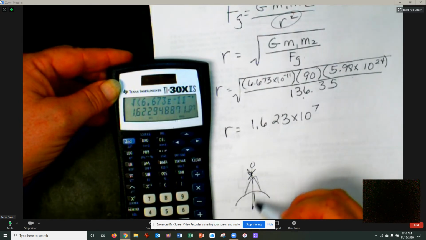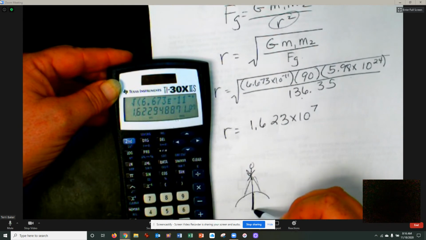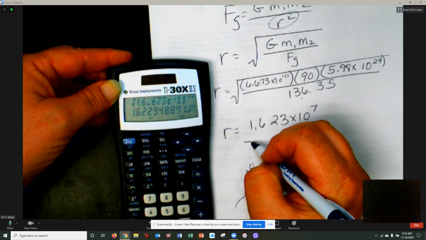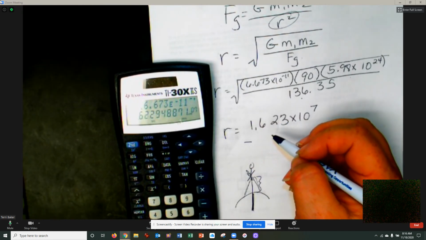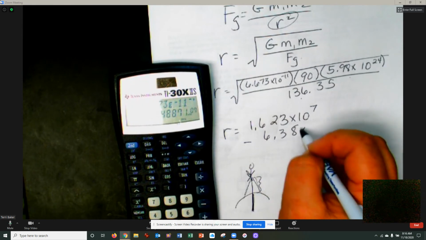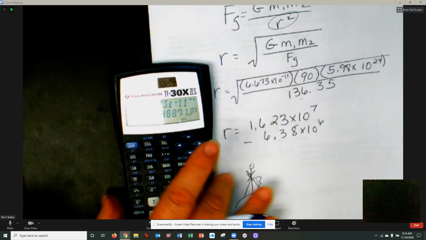Now we need to subtract the radius of Earth so that all we have left is this distance. The radius of Earth is 6.38 times 10 to the 6 meters.